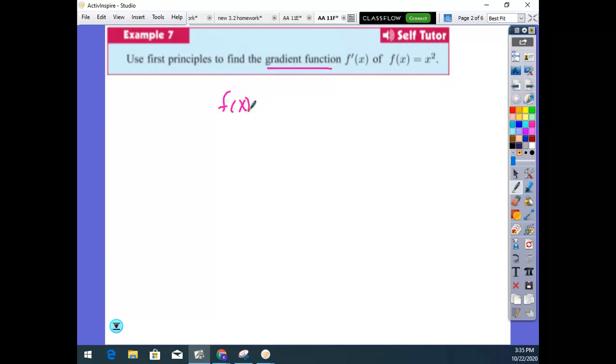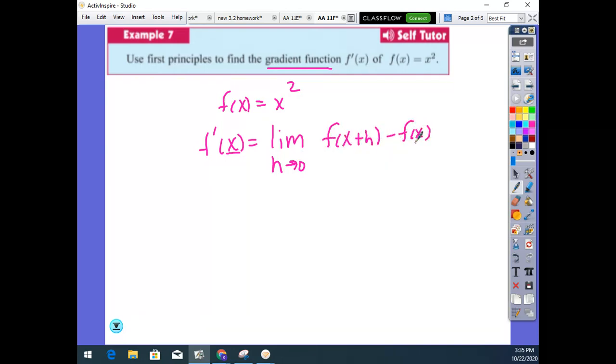So if f of x equals x squared, to find the derivative function in terms of x, we're going to take the limit as h approaches 0 of f of x plus h minus f of x all over h. So if f of x is x squared, what does f of x plus h equal? X plus h squared.